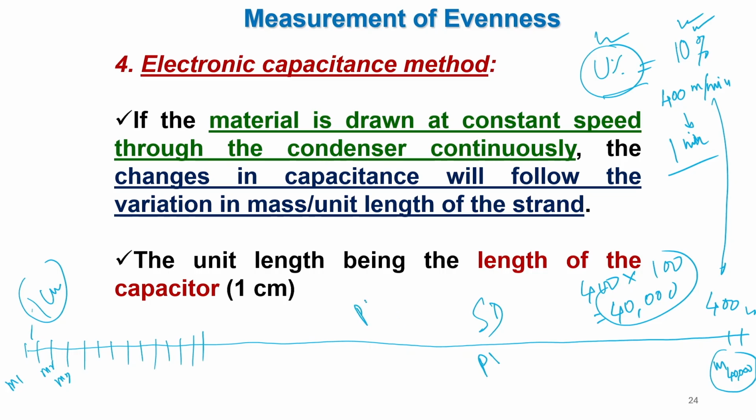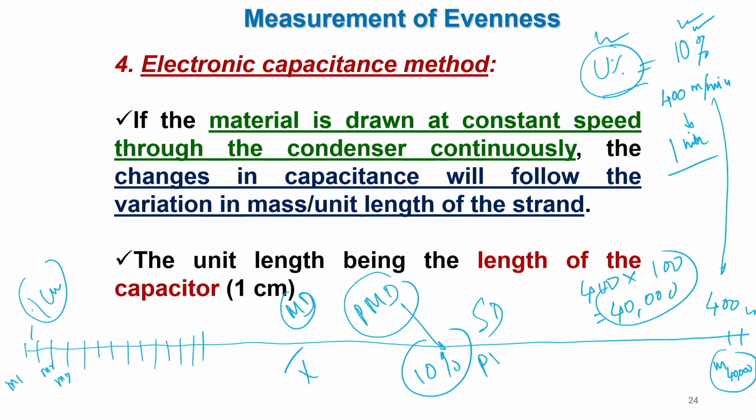So, we calculate the mean deviation, then the mean, and we can calculate the percent mean deviation of all these 40,000. Then we must get 10%, if we measure correctly.